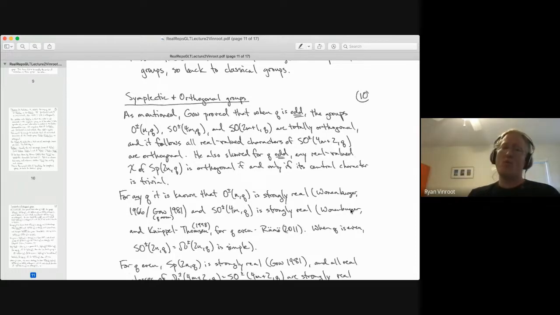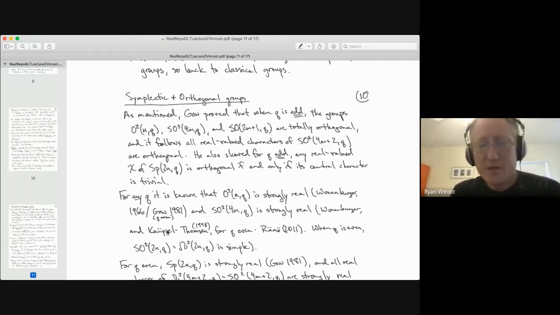Again, Wonenberger when Q is odd, along with Neubüser and Thompson in 1998, fixed some errors of Wonenberger and extended some things. And when Q is even, this Finnish mathematician, Johanna Ramo, in 2011 proved that these things are strongly real.